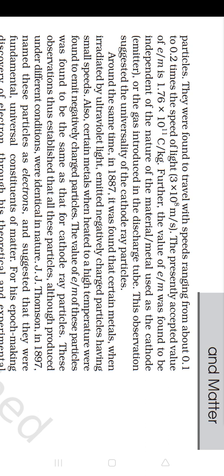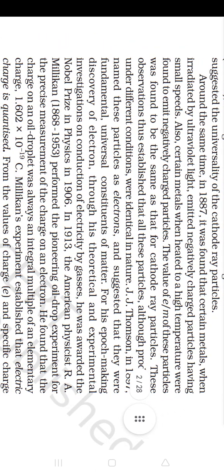Around the same time, in 1887, it was found that certain metals, when irradiated by ultraviolet light, emitted negatively charged particles having small speeds. Also, certain metals, when heated to a high temperature, were found to emit negatively charged particles. The value of e/m of these particles was found to be the same as that for cathode ray particles.